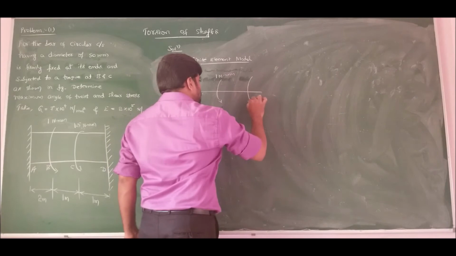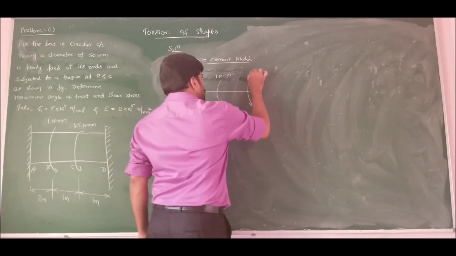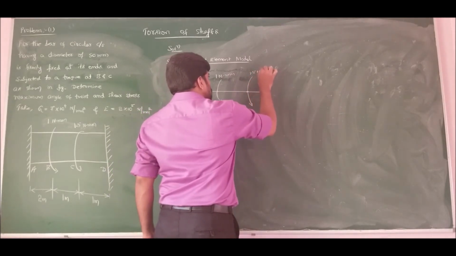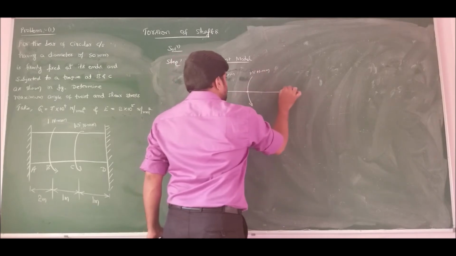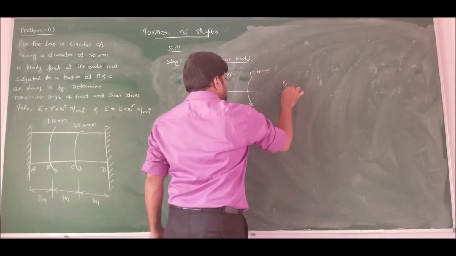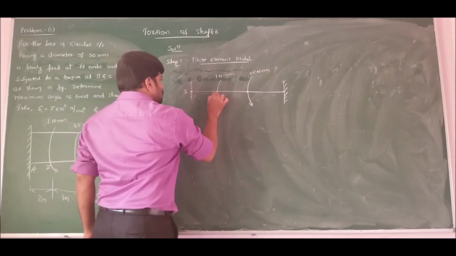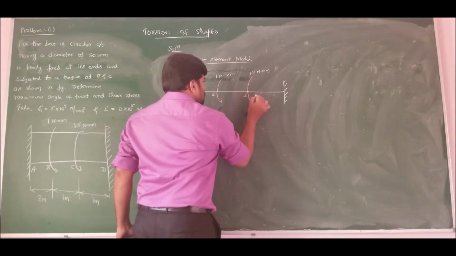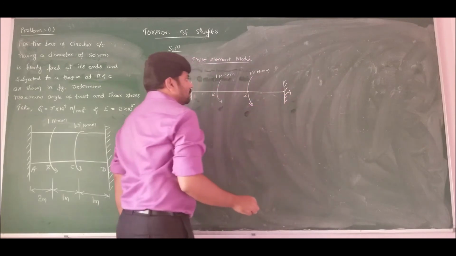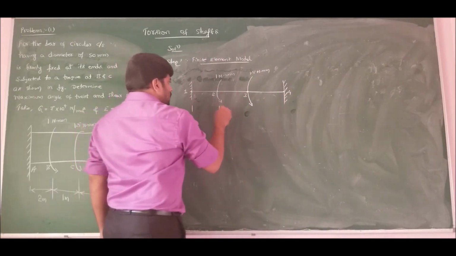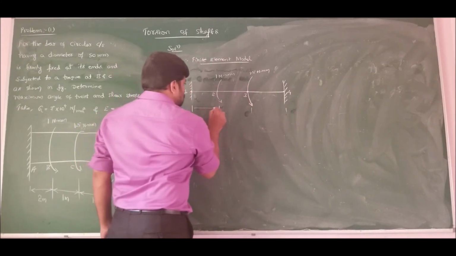At node 3 we are again applying a torque of 1.5 Newton millimeters, and node 4 is completely fixed. So node 1 is fixed, node 2 and node 3 have torque, and node 4 is completely fixed.